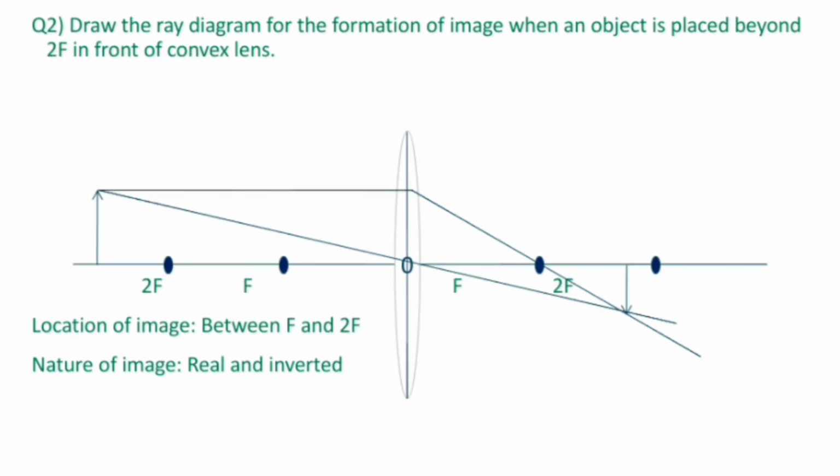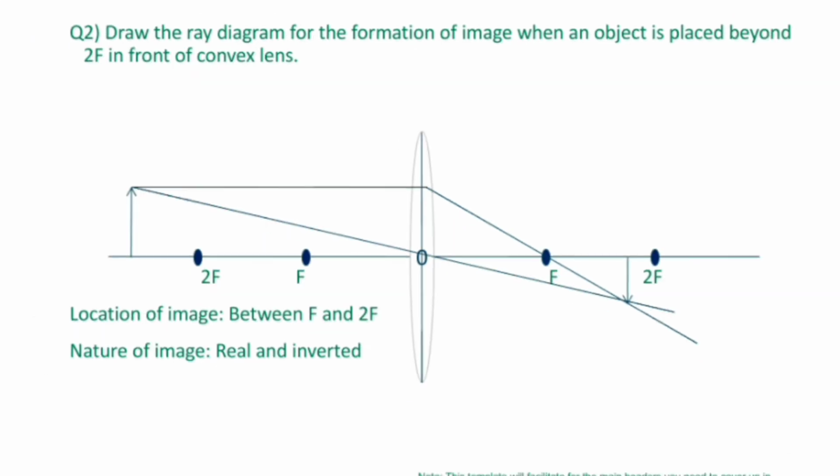Let's see the second question. Draw the ray diagram for the formation of image when an object is placed beyond 2F in front of a convex lens. Here we will use the same method to draw the lens. Below the question, leave 3 lines and bold the 4th line with the help of a pencil and scale. Take a compass and open it up to 4 centimeter.